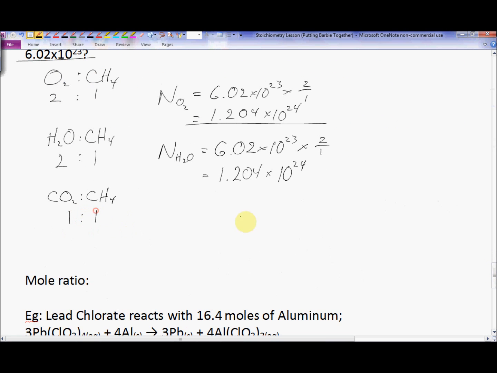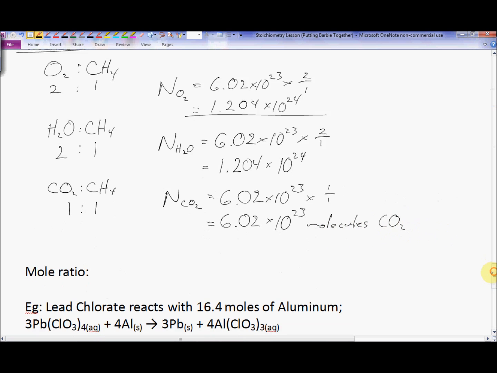So the number of carbon dioxide molecules that are produced in the reaction is going to be 6.02 times 10 to the 23 methane molecules times the ratio here of 1 over 1, which gives us 6.02 times 10 to the 23 molecules of CO2.